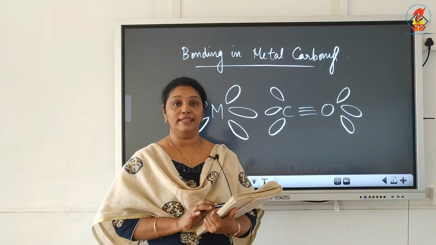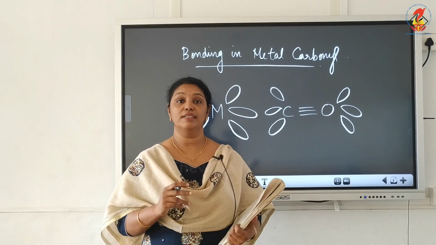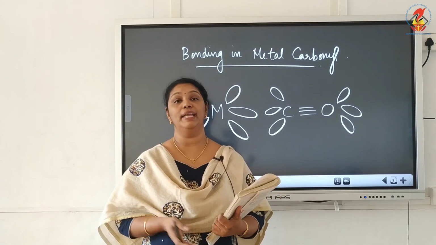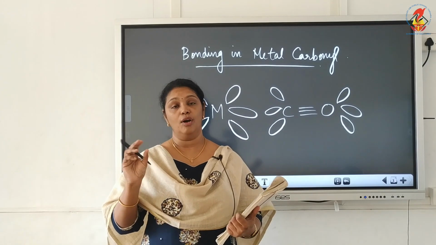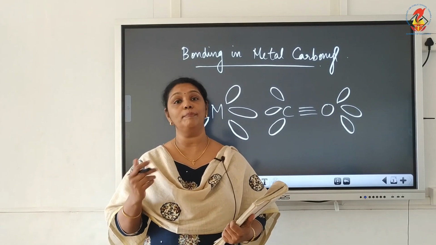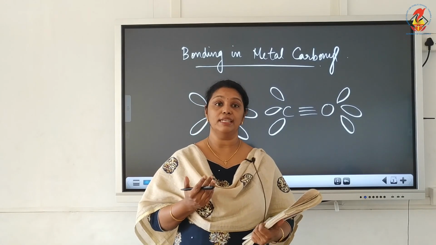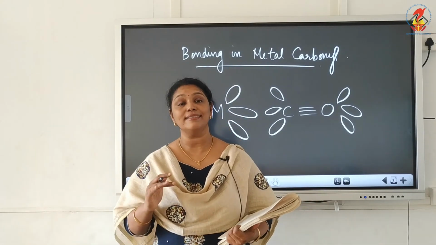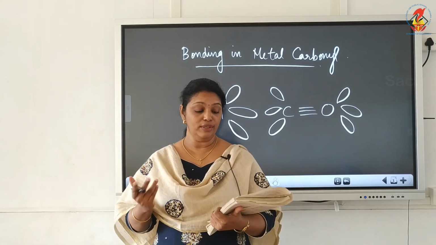It is said that the metal-carbon bond in metal carbonyl possesses both sigma and pi character. And you know, a sigma bond is formed by s orbitals and a pi bond is formed by p orbitals. So, the metal-carbon bond in metal carbonyl has both sigma and pi bond character.